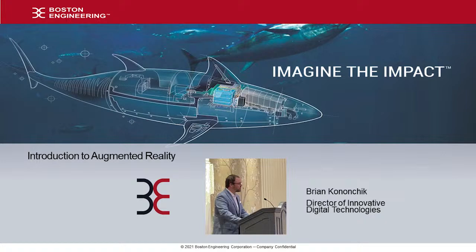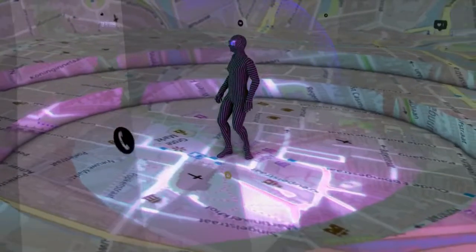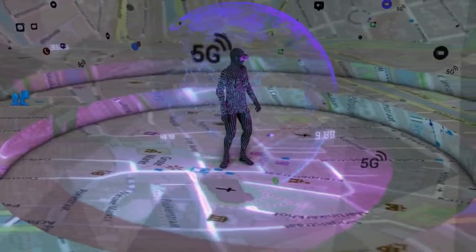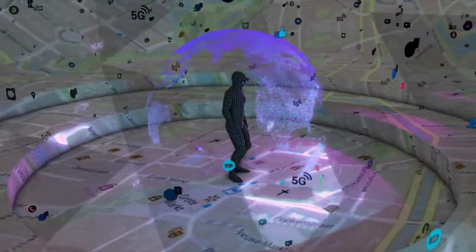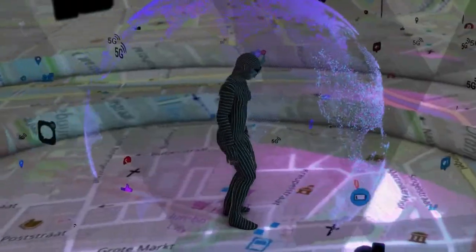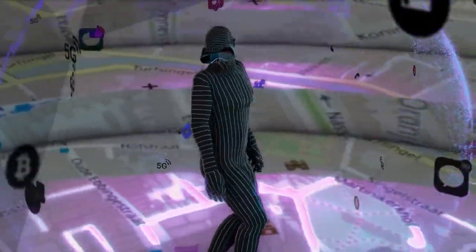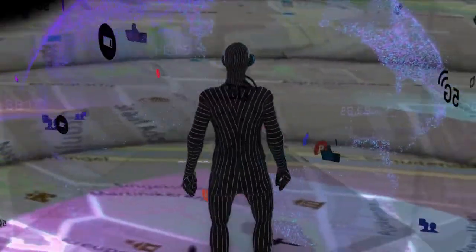Now, on the other end of the spectrum, we have virtual reality or VR. A lot of times you'll see AR/VR in companies' product portfolios. It doesn't mean they're the same thing. It means they support two different core technologies.